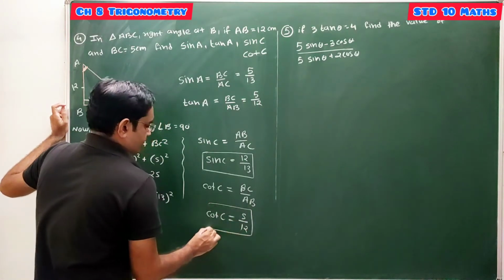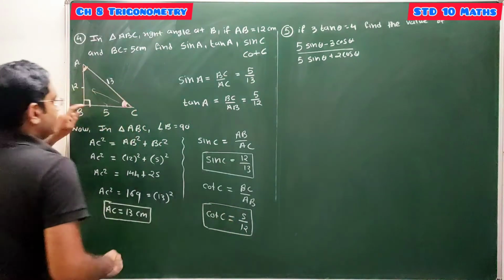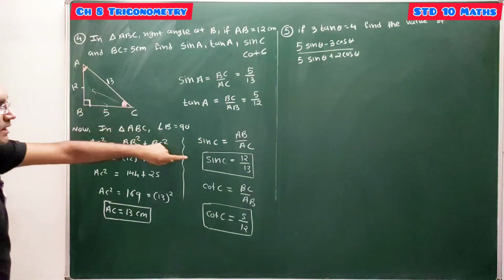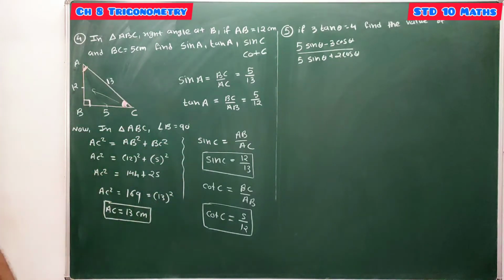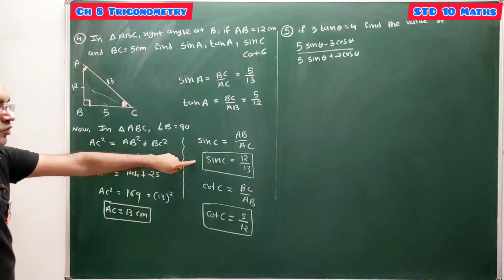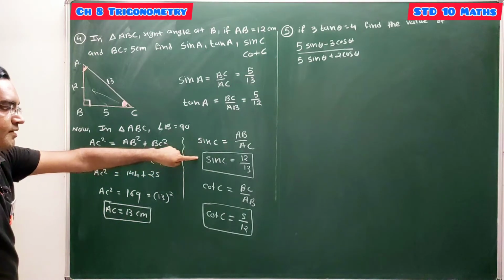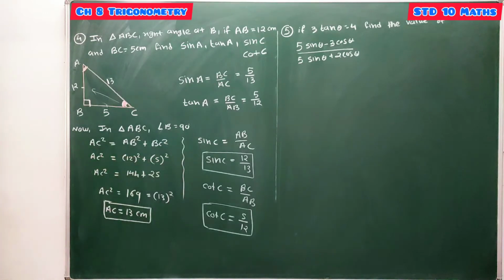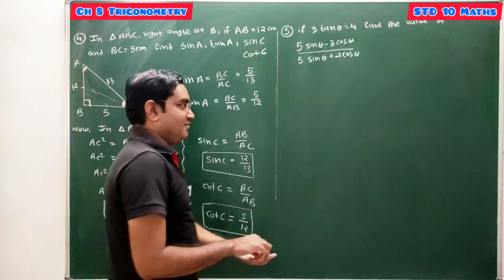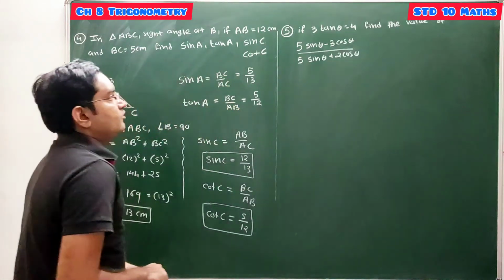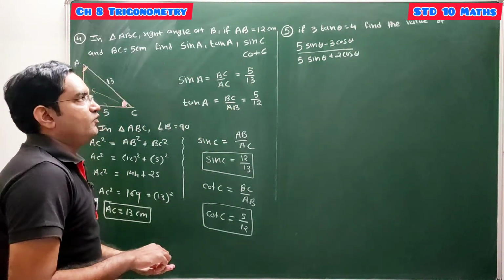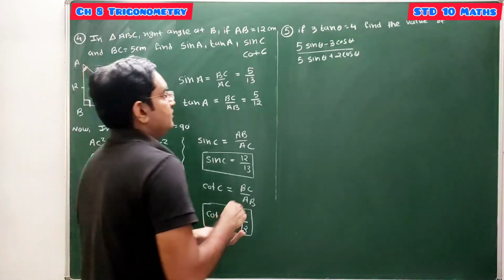This is the definition of cot C. Done. So for this angle C, we have derived sin C and cot C. You can also find the remaining trigonometric ratios, that is cos C, tan C, cosec C and sec C. Done. So now question number 5. So here we are given 3 tan theta equal to 4. What we are given?